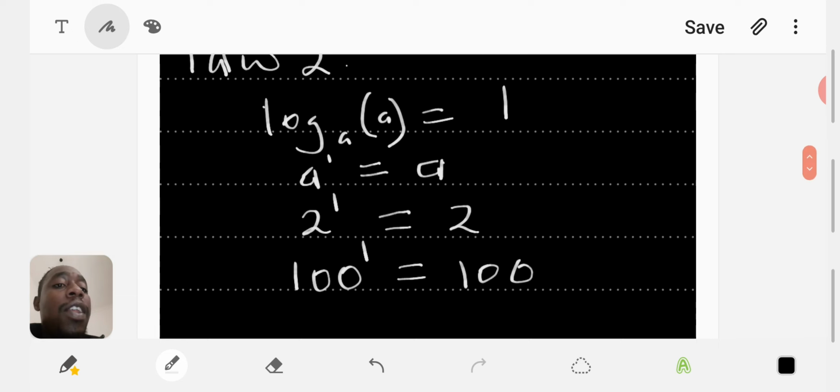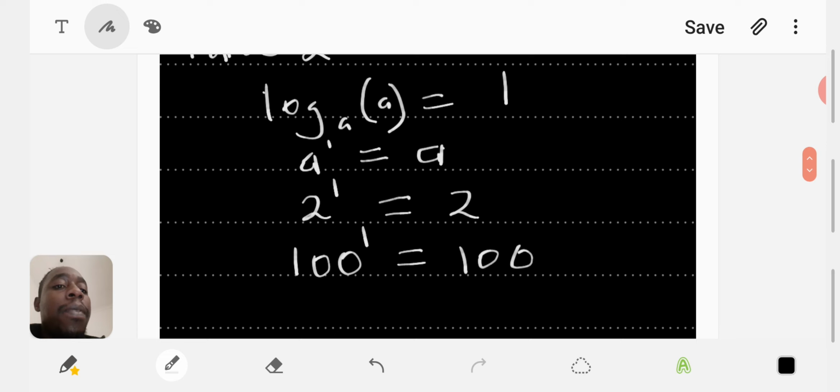So any logarithm of a number that has the same value as the base, the answer is 1, as you can see there.